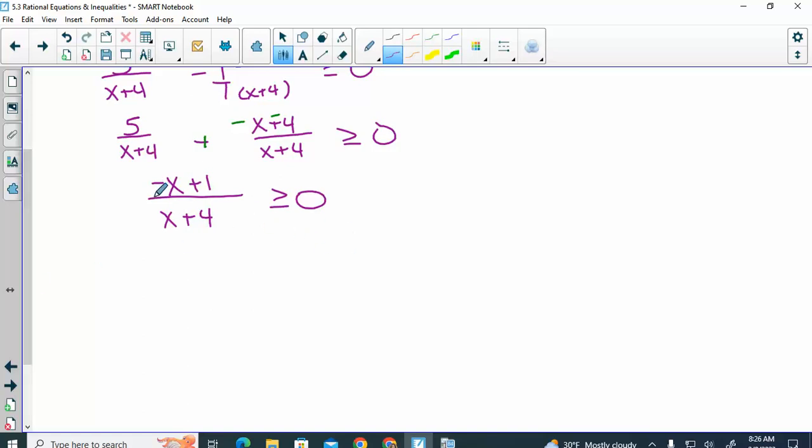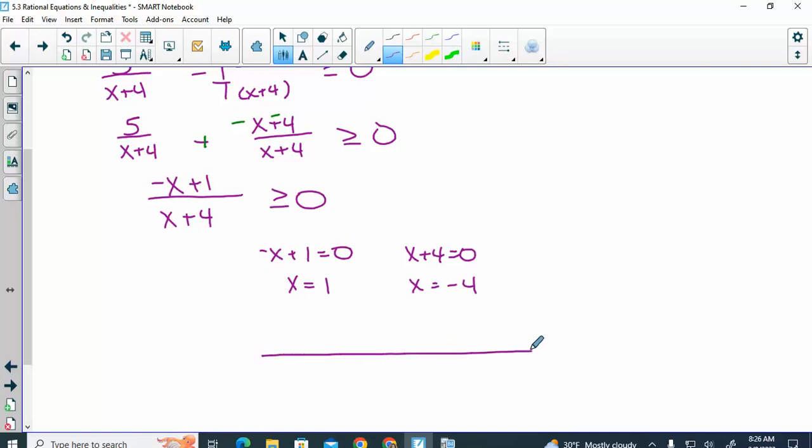At this point, it's set up the way we want. So we set top and bottom equal to 0. So we get 1 and negative 4. So those are the places where we could change signs. We graph this, parentheses around the top and bottom.